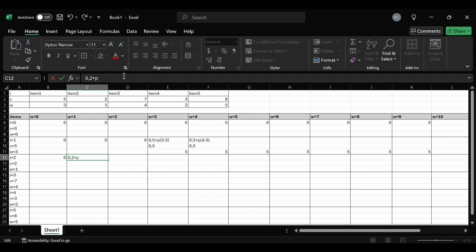plus the profit of the remainder. So remember that the profit of the remainder will be our weight limit 1 minus the weight of the item. So the weight of the item here is 1, right? And now if we solve for this, it will become 2 plus P of 0. To find P of 0, simply go up one block and then navigate to weight limit 0.